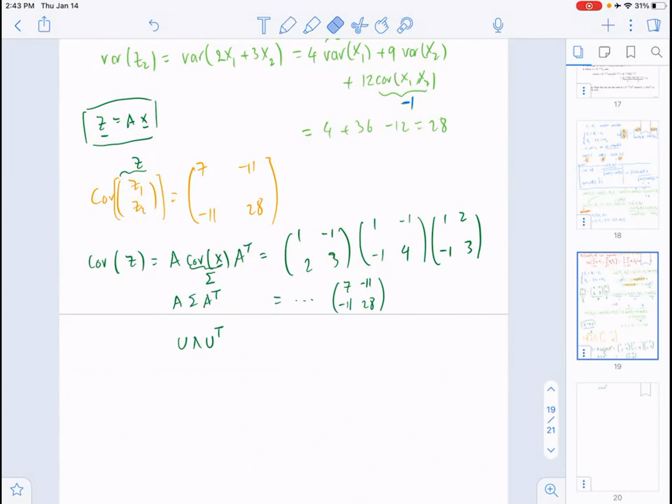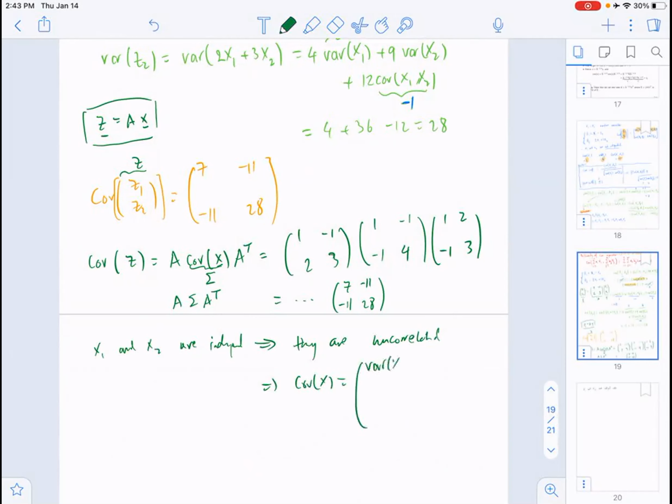Yes. If X1 and X2 are independent, then they're uncorrelated. Independence is stronger than uncorrelated. So if X1 and X2 are independent, then it follows that they are uncorrelated. Then it follows that the covariance of X is diagonal, right?